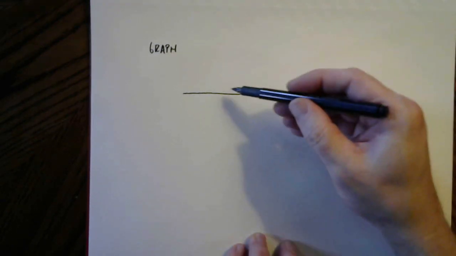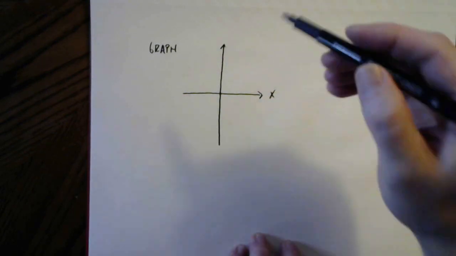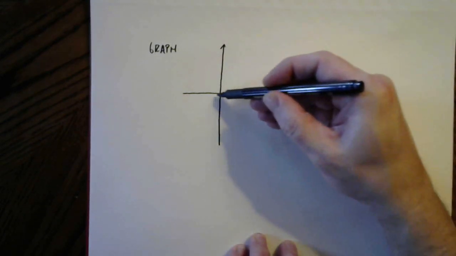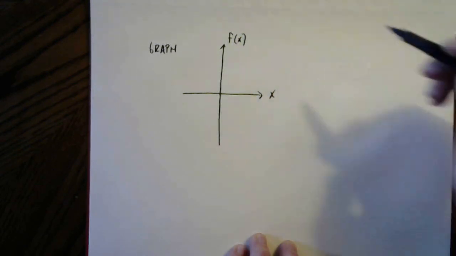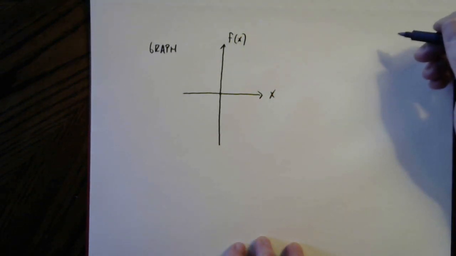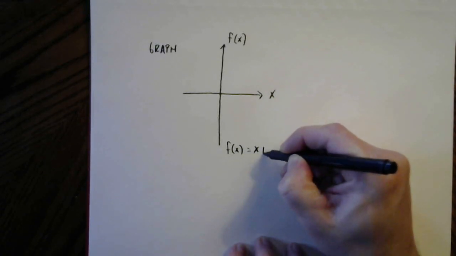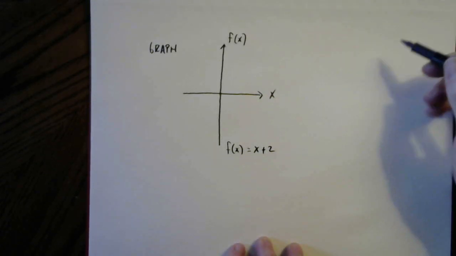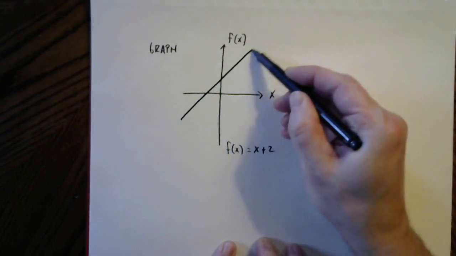So x and the inputs we find on here, and then they are projected to an output vertically, which we call f of x. So just for the record, and don't get too hung up on this, if I go back to that function, that graph would look like this.